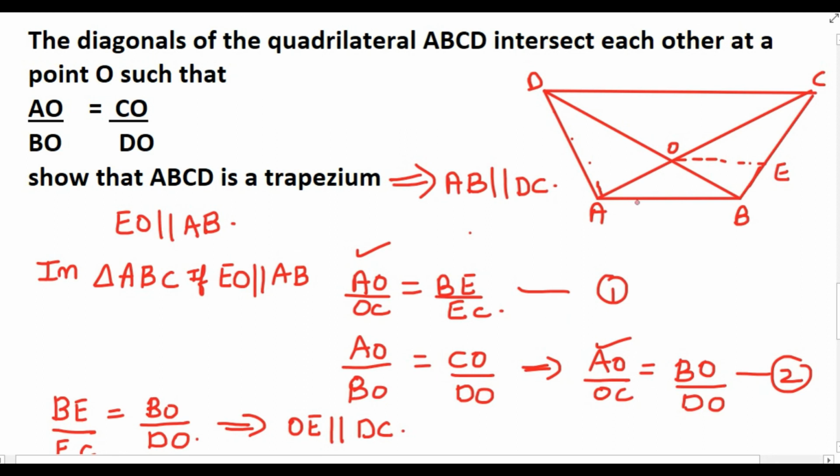That means BE divided by EC equal to BO divided by DO. By converse of Thales' theorem, if the sides are proportional, then that line will be parallel to the third side. So OE is parallel to DC. EO is parallel to AB by construction, and we just got EO parallel to DC. That means AB is parallel to DC.